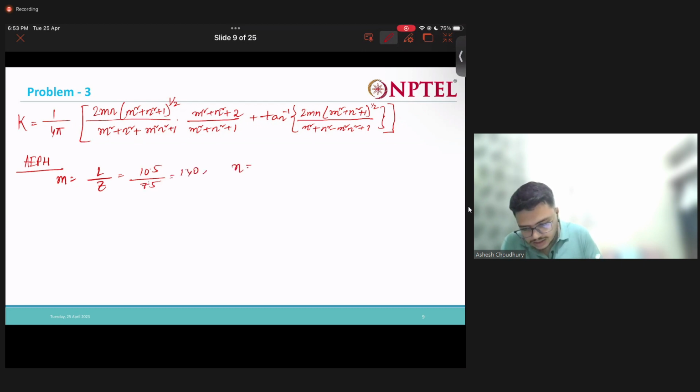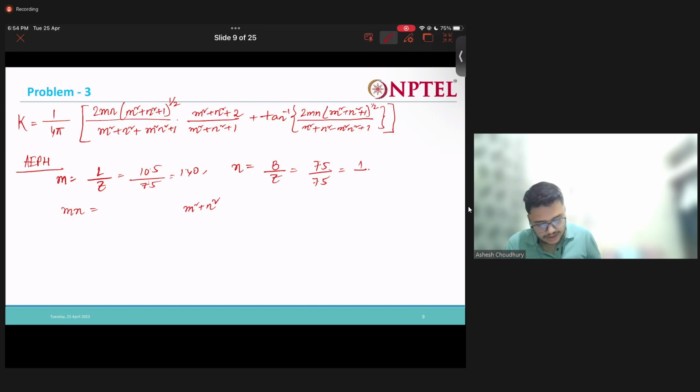And N is P by Z. Okay, so now let us put these M and N values in the equation for K. For that, last class I told you that you just find these values first: Mn, then m square plus n square.